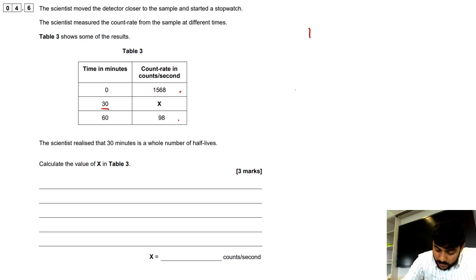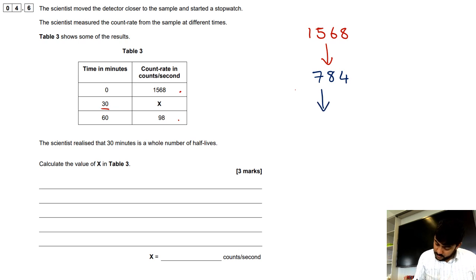So it starts off at 1568. Then one half-life later, it becomes 1568 divided by 2, which becomes 784. Then another half-life later, it becomes 392.